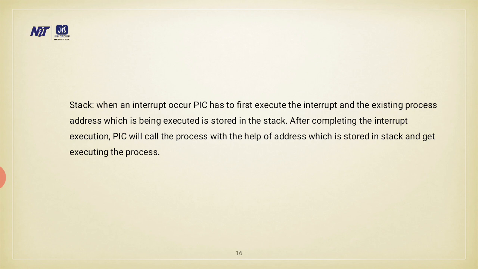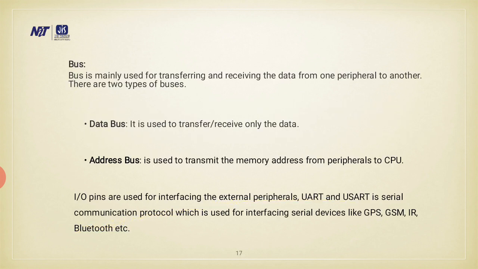Now, bus. Bus is mainly used for transferring and receiving data from one peripheral to another. There are two types of buses, data bus and address bus. Data bus is used to transfer or receive only the data.